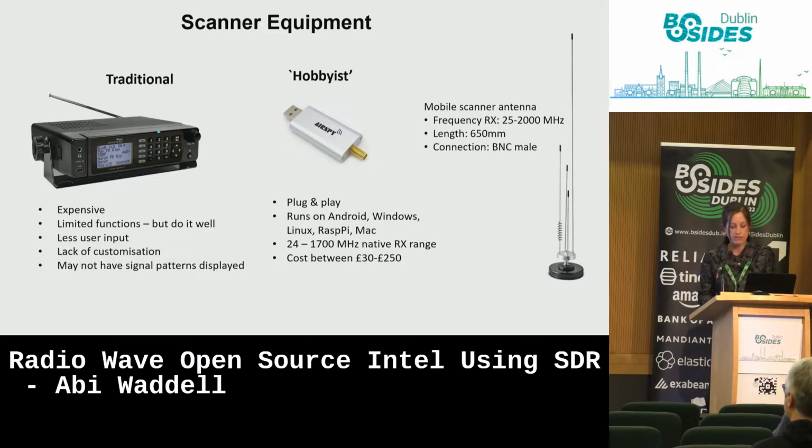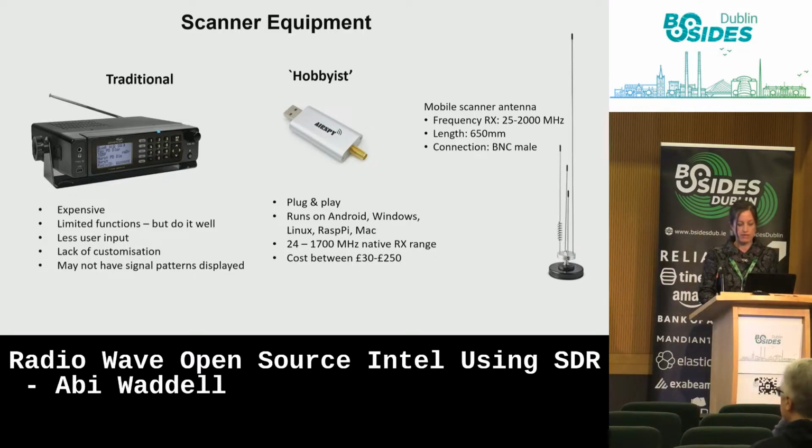A typical hobbyist setup may involve using an SDR dongle, which is about the size of a USB stick, perhaps a little larger, and then an antenna which can work on specific frequencies and may be able to transmit as well as receive. Some can be mounted on vehicles via a magnetized base, and the SDR dongle will usually be plug and play, which will work with most operating systems and may or may not be able to work as a transceiver.